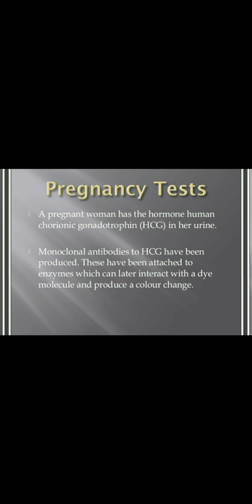Now monoclonal antibodies to HCG have been produced, and these have been attached to an enzyme which can later interact with a dye molecule and produce a color change. So the monoclonal antibody attaches to HCG, and due to that the color change is produced and we get the result of pregnancy.